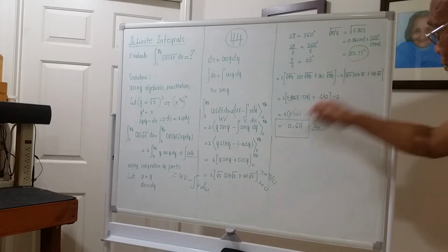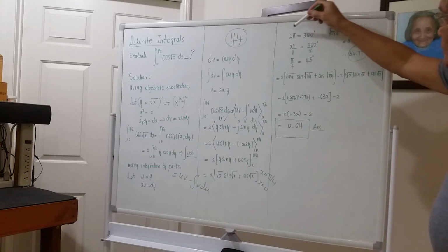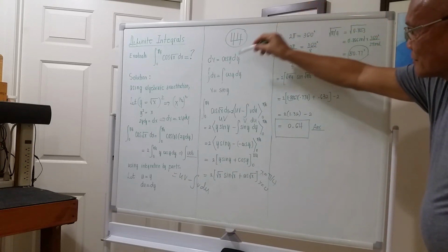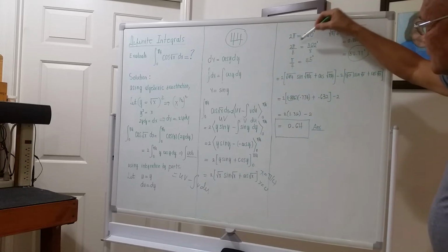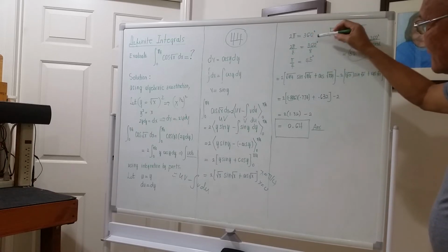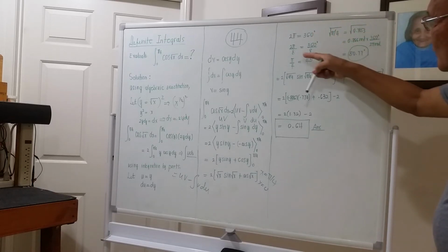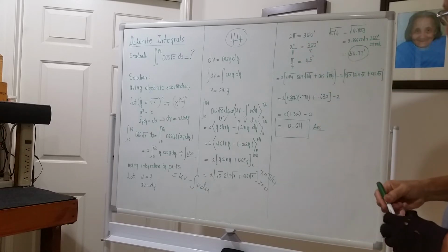Before I substitute the value, I will try to illustrate first. 2 pi, one complete circle is 360 degrees. We divide both sides by 8. 2 pi over 8 will be 360 over 8. Why do I want pi over 8? It's pi over 4.